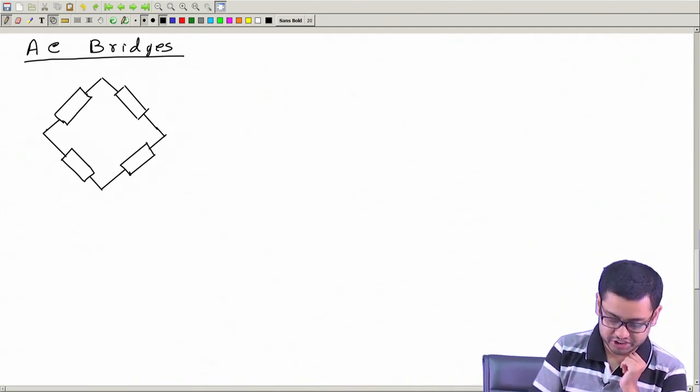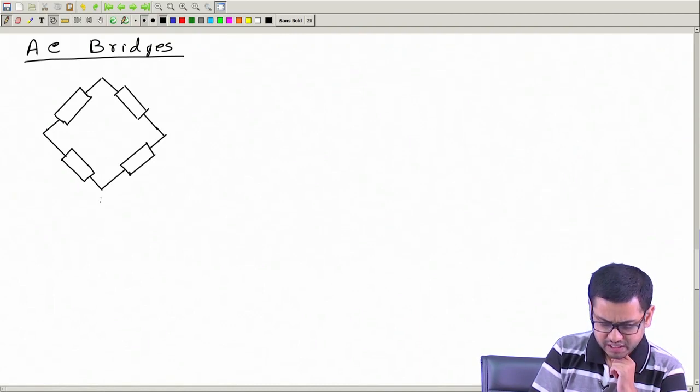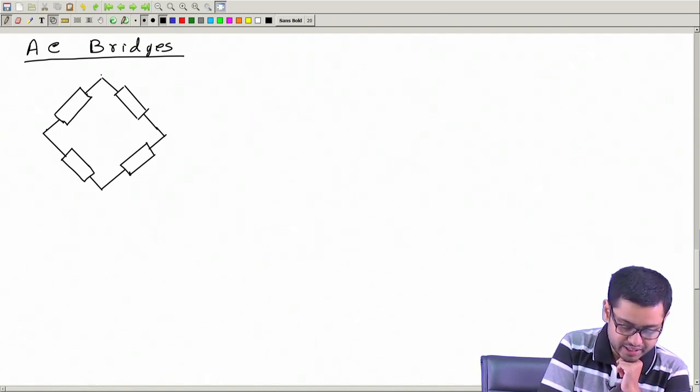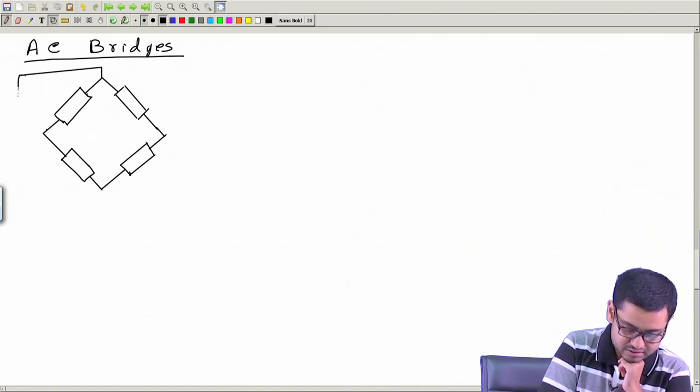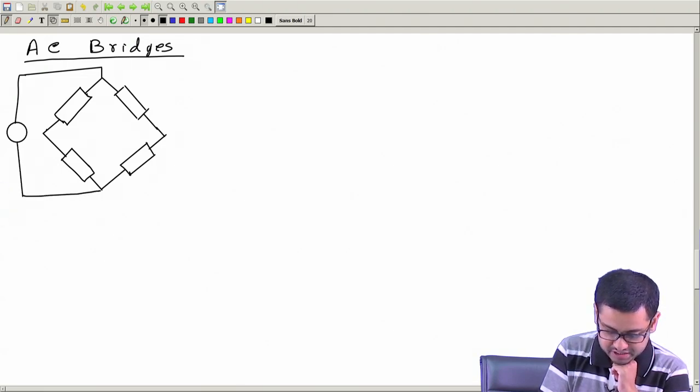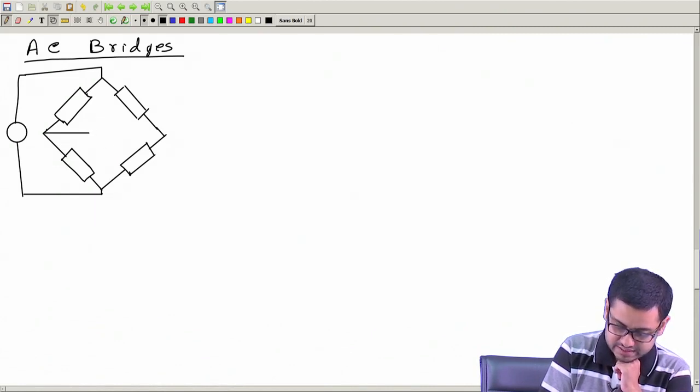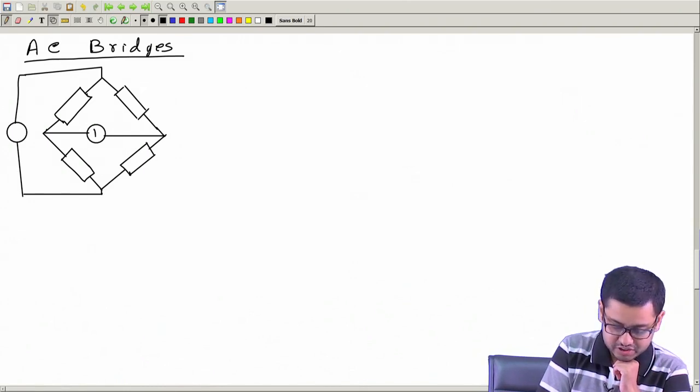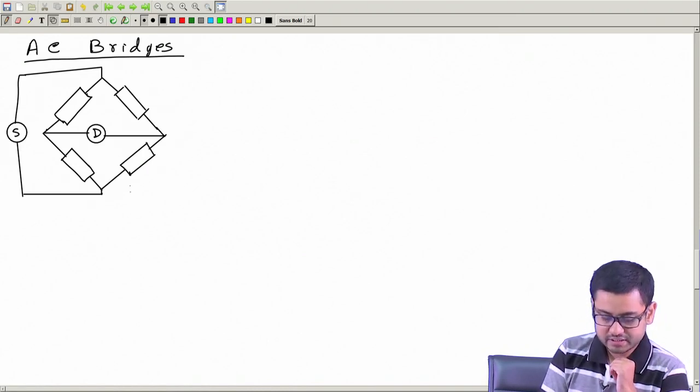I am drawing them as boxes on purpose, and then we apply some voltage across 2 opposite terminals, and we measure the current between the other 2 terminals. So, this is the detector, this is the source. This is the structure of a Wheatstone bridge.